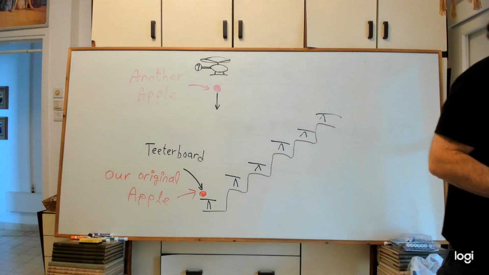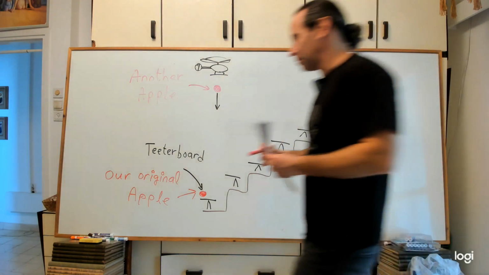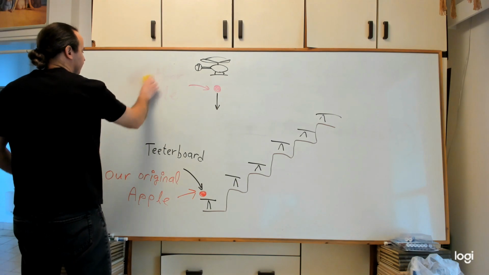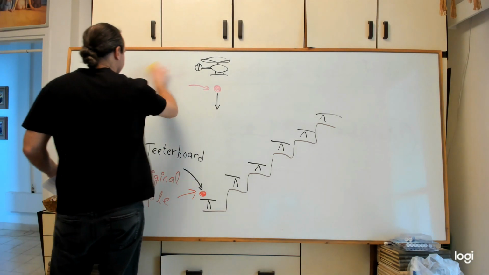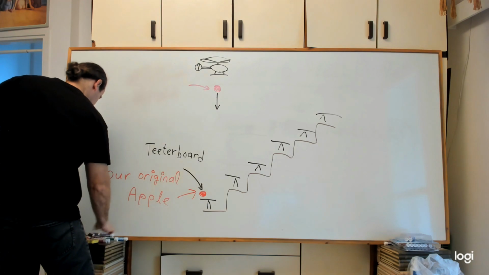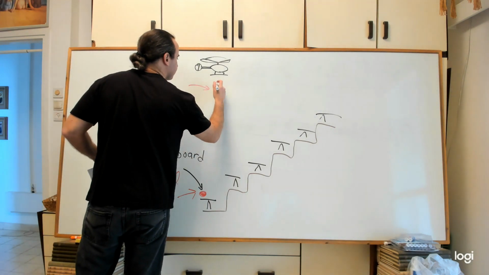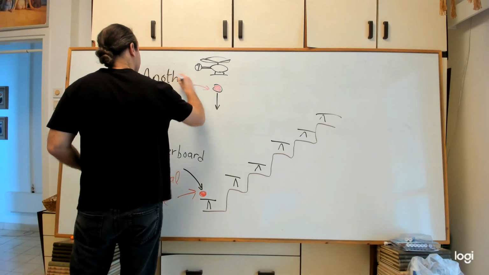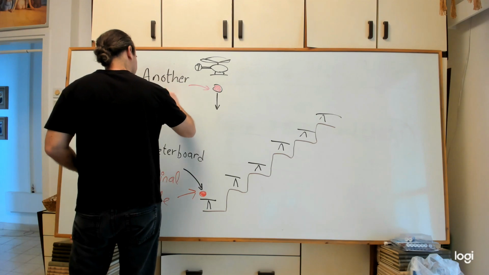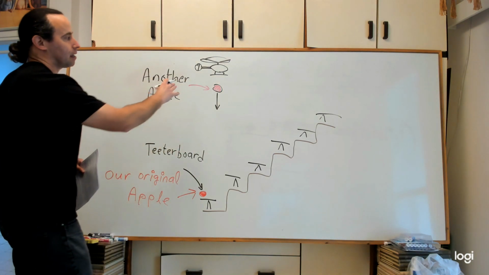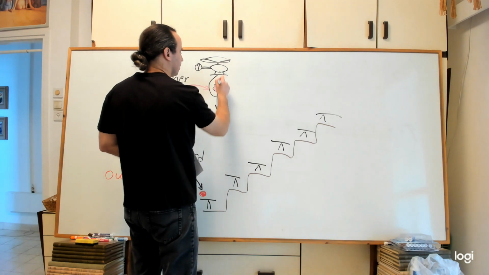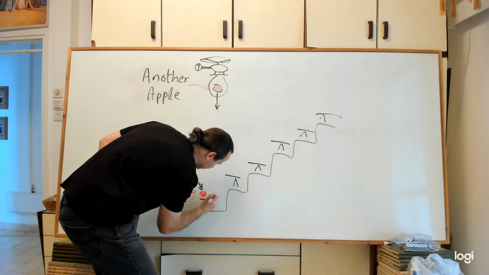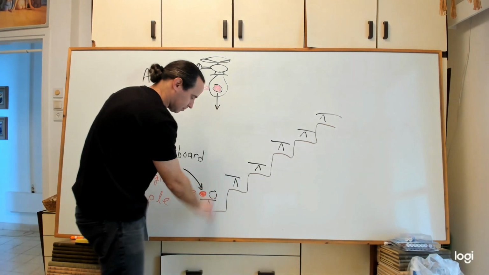Okay, this is how to see. I will not write in pink. Okay, so this is another apple. And the helicopter has a whole sack of apples. It has a lot of apples. Okay, so this apple comes down here and drops on one side.